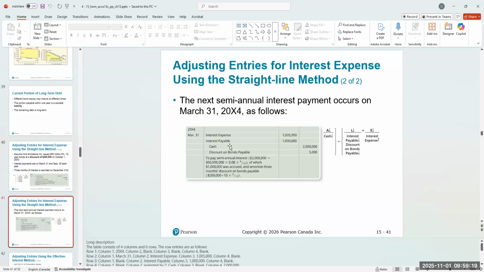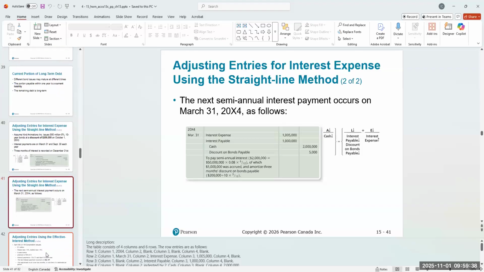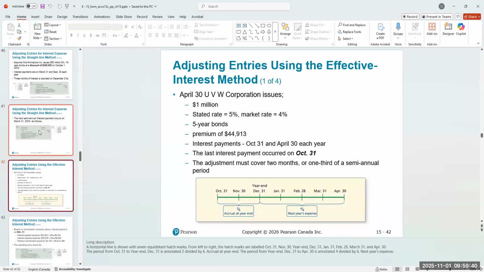And on the payment date, you're closing first the interest payable. Second, you're adding the interest expense, clearing the cash, and the difference goes to the discount on the credit side if you have a discount, or on the debit side if you have a premium. That's with the straight line.